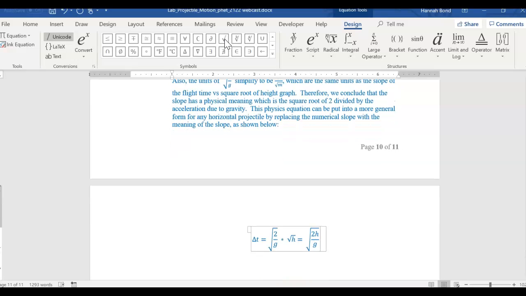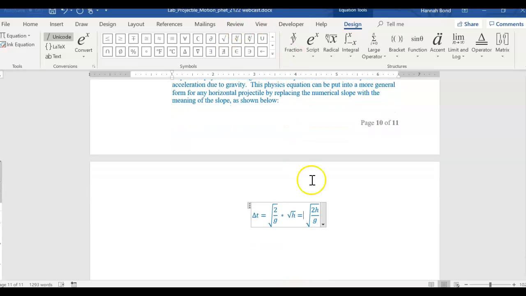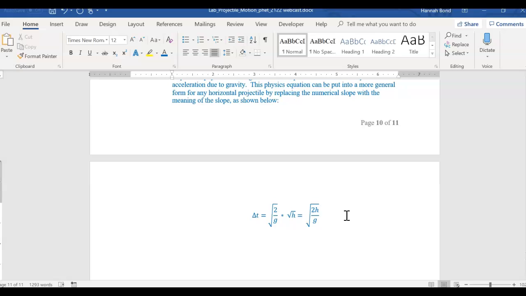And so what we get is the square root of 2h divided by g. I could use that equation to find the flight time for any horizontally fired projectile. If I know their height, I could plug that in here because g would be 9.8, and their height would be whatever it is. The square root of 2 times the height divided by g would give me the flight time.